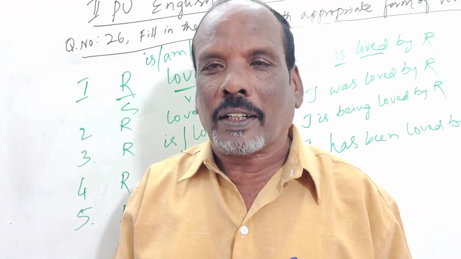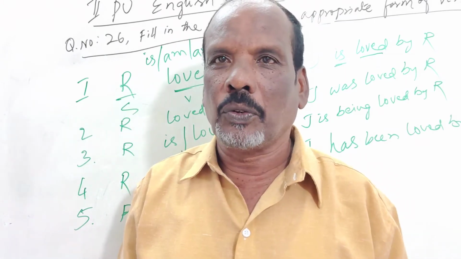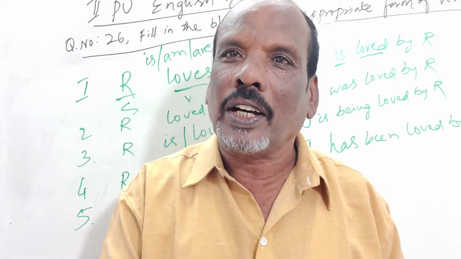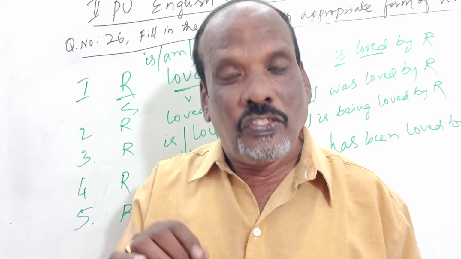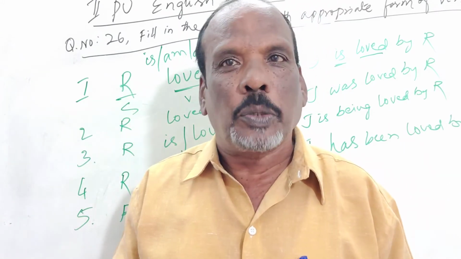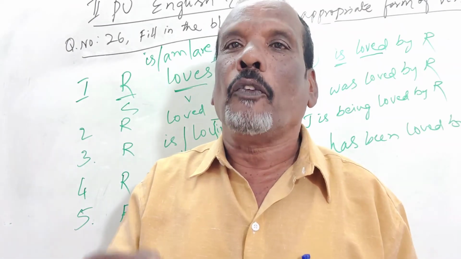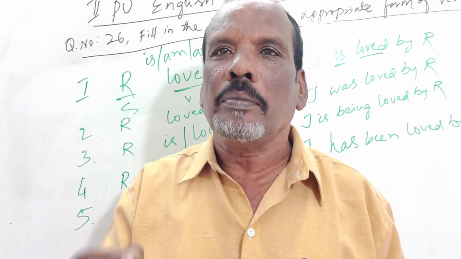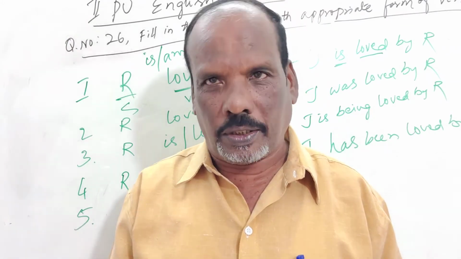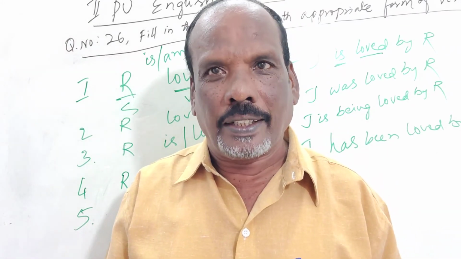Here we come across two verbs. One is will, another one is love. So in this case, what method is to be used? Whenever you come across will, would, shall, should, may, might, can, could, right?